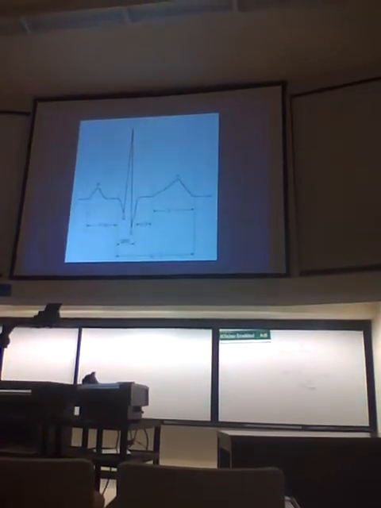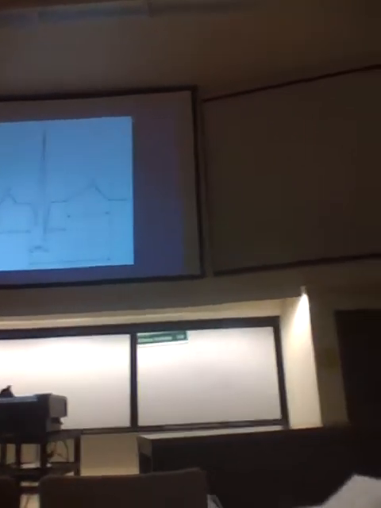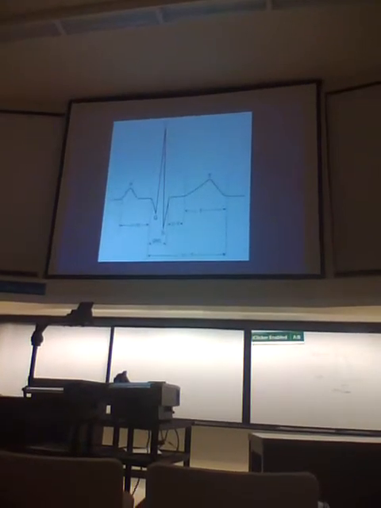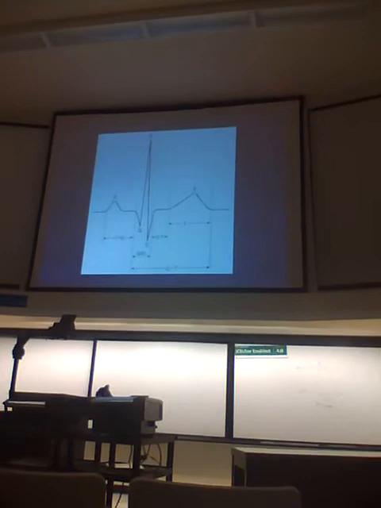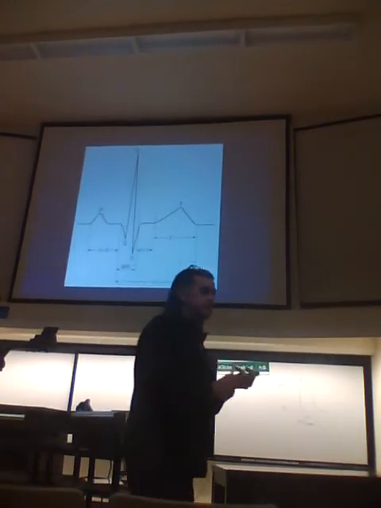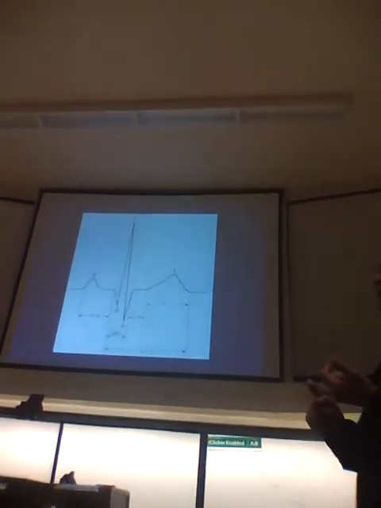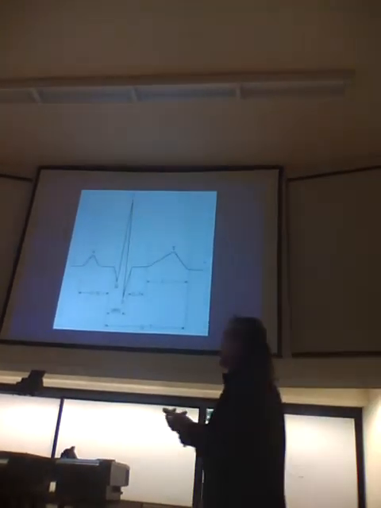Okay, there's a bunch of intervals which are interesting. First one, of course, is the PR interval. This consists of the spread of depolarization across the atrium, conduction through the AV node, and the common bundle of His and the bundle branches of the Purkinje fibers.